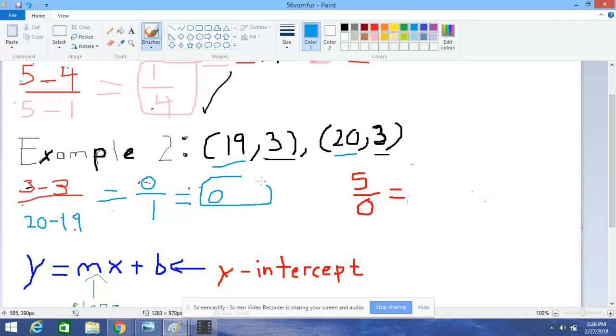Okay? Alright. So now let's say we have a slope of 5 over 0. You should know that a slope of 5 over 0 is undefined.